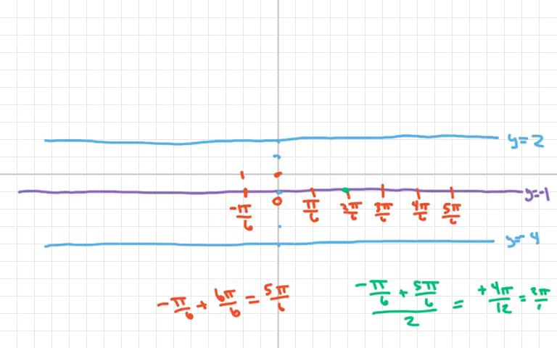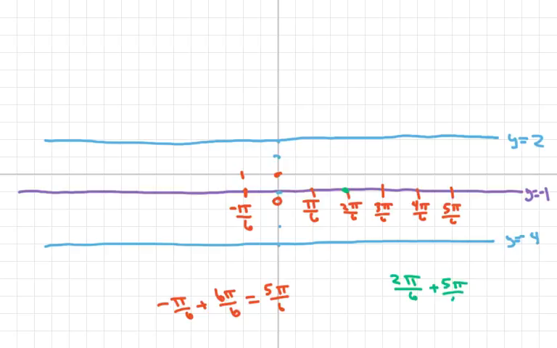However, my midpoint between 2 pi over 6 and 5 pi over 6, if you add that up, 2 pi over 6 plus 5 pi over 6 divided by 2, equals 7 pi over 12.